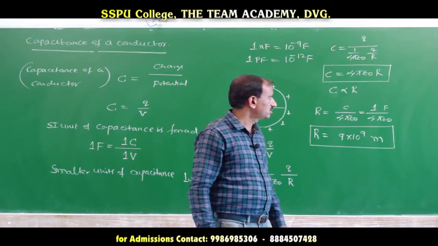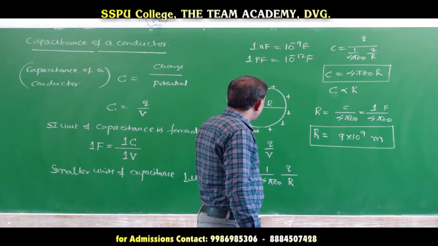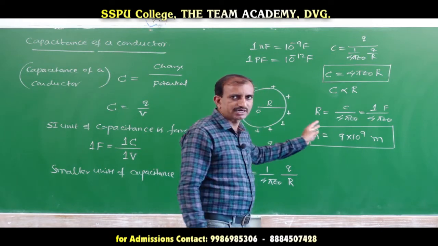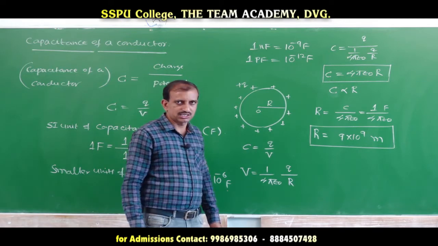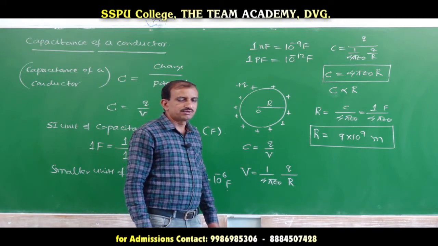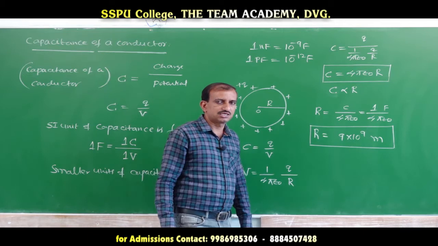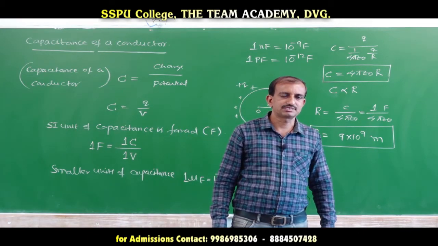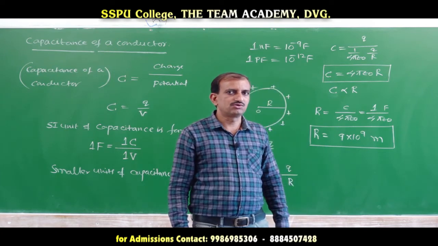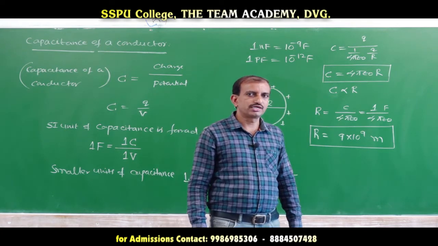Therefore, a single sphere or a single conductor is not suitable for storing electric charges. In practice, we always consider two metallic plates separated by a small distance. This is a good configuration for storing electric charges.